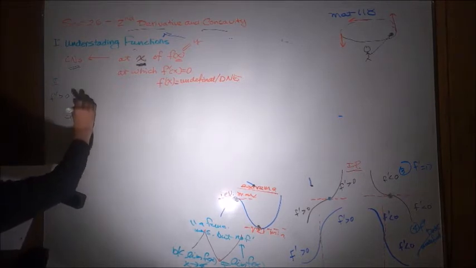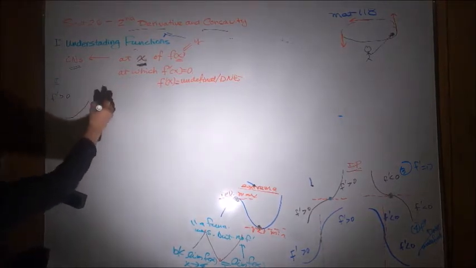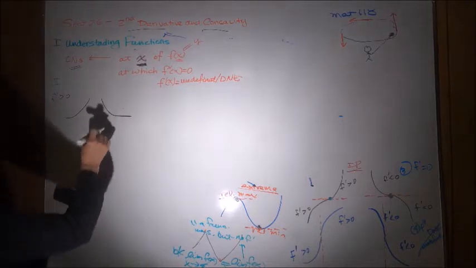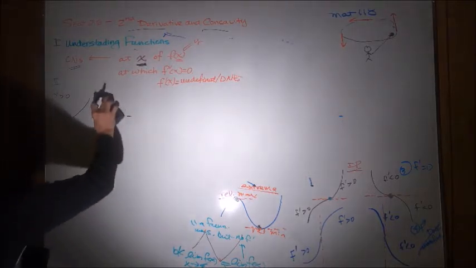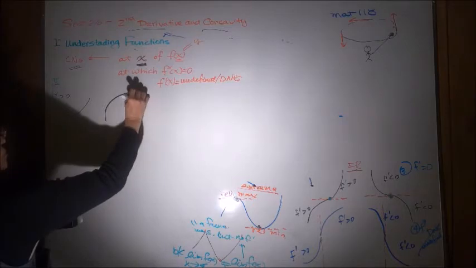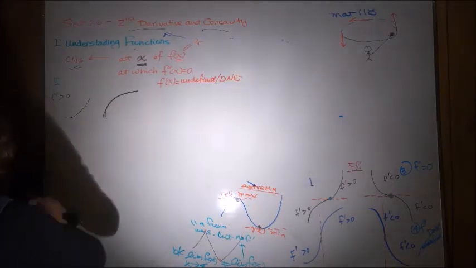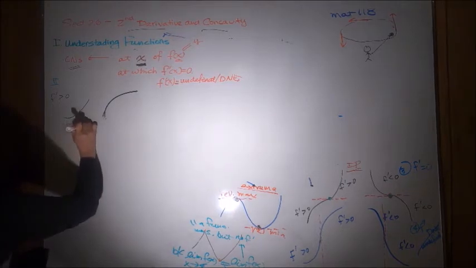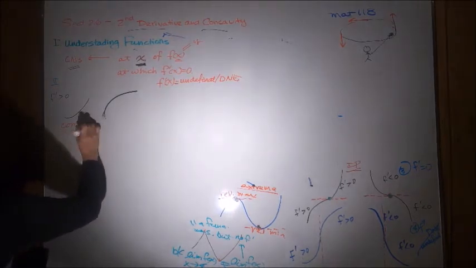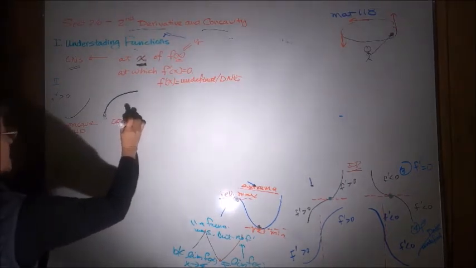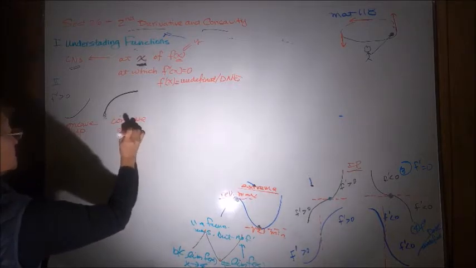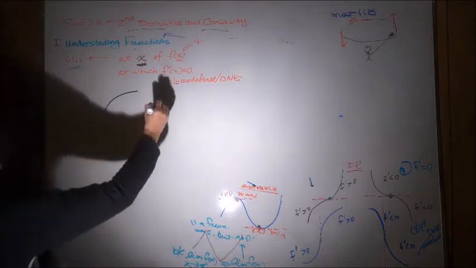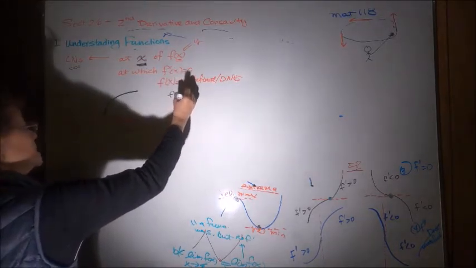F prime is bigger than 0, from point A to point B, it goes up. Okay, so it's still going up for a function. So this one is what? Concave up. This one is what? Concave down.